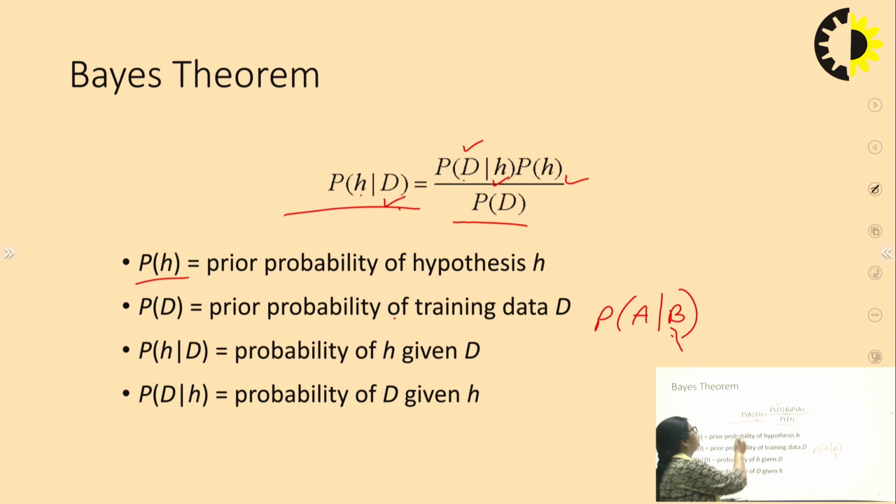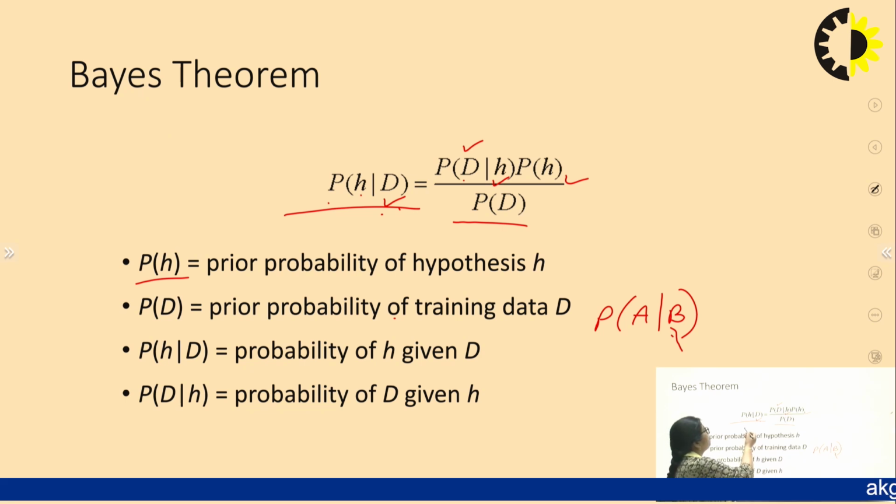So we are calculating the probability of the hypothesis given the observed data. This is conditional probability, and it can be calculated with the help of Bayes theorem.